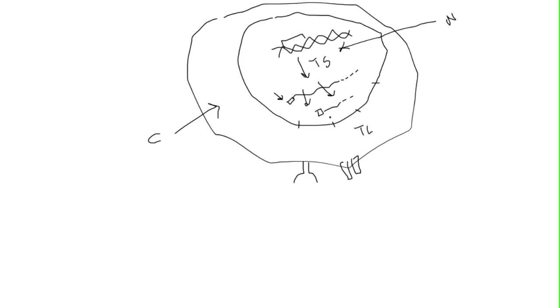Now the mRNA is ready to leave through these nuclear pores and reach a ribosome. Let me draw a ribosome right here. That's the large subunit. This is the small subunit. Now what's going to happen is the ribosome is going to go through here.